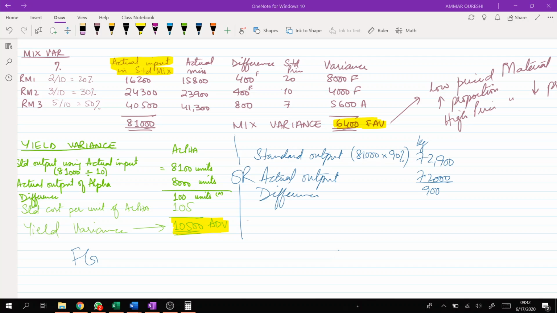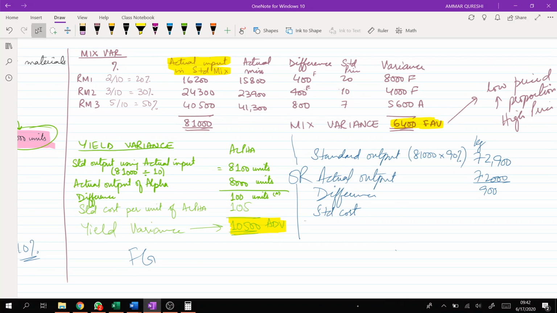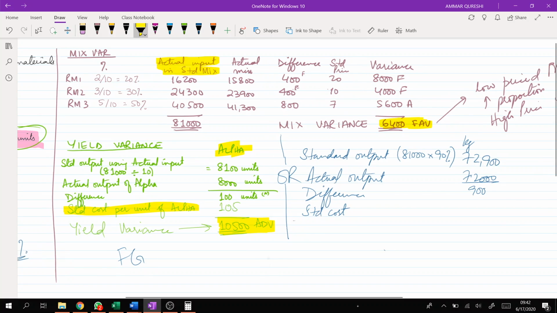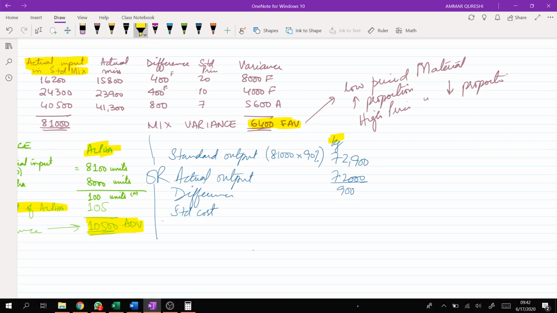Now we have to multiply it with the standard cost. Now this point is really very important. See, here we multiplied it with the standard cost per unit of alpha. Why? Because these are the units of alpha, finished goods. Now this is not the finished good. This is kilogram. So what you have to do is multiply this 900 with the standard cost per kilogram. This is the first point.